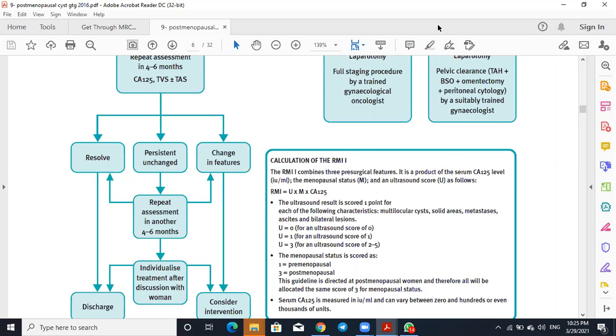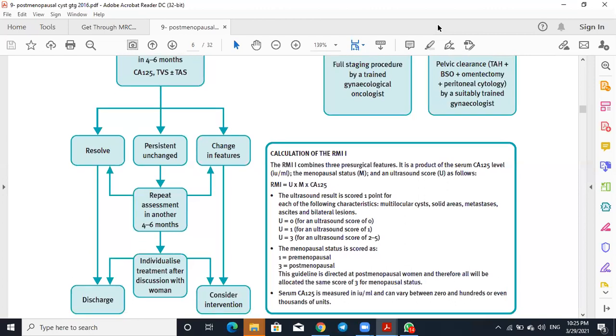But if after 6 months, when you did CA125 and ultrasound, there is change in the feature, that is, it is 6 centimeter, some other changes came, so we need intervention.